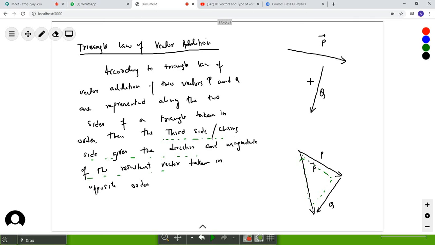Taken in opposite order. Then this is called P vector plus Q vector, which is the resultant vector. Understand? So the resultant vector is this: when two vectors interact, they give you something back. That something, the end effect, is called the resultant vector. So this is how it is called the triangle law of vector addition.